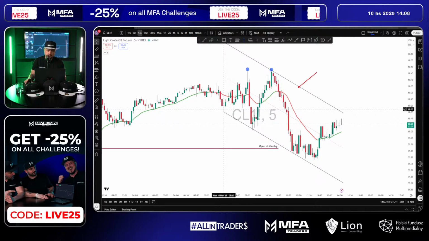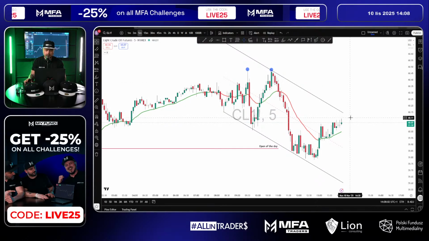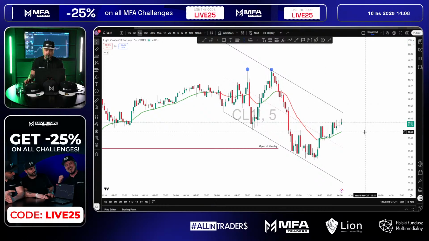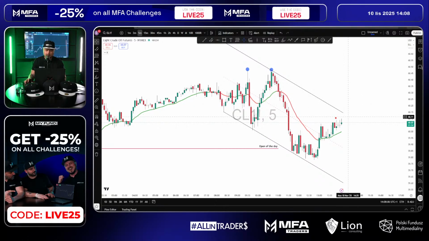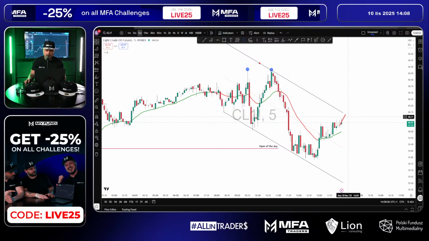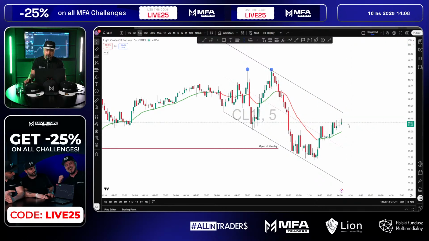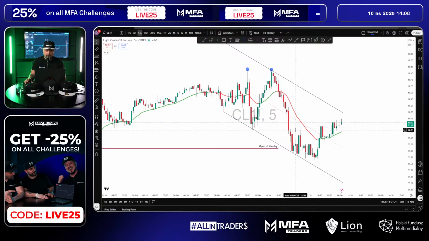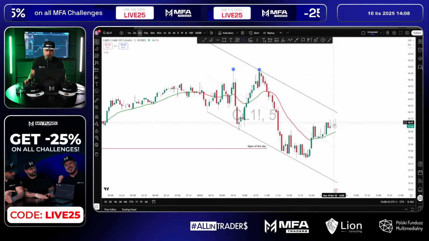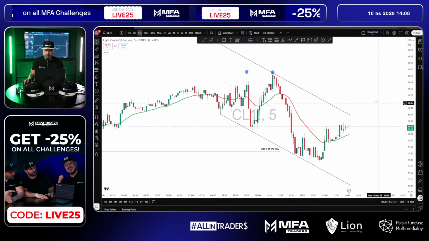Okay, so it's not 100% confirmed because we got one reaction from the top, but we can expect that if the price will get to the top of this rotation channel and we're gonna have reaction, maybe we're gonna be able to use it. Okay, so we got some kind of hidden rotation channel.